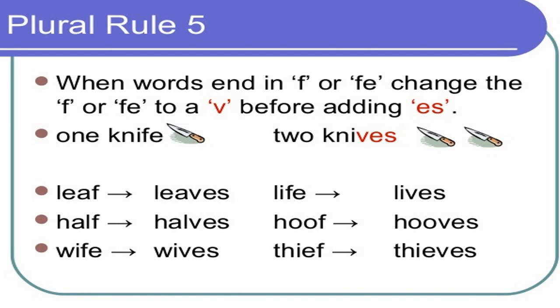Okay. Look at the first example. There is a knife and the noun is knife and it ends with the letters fe. So we have to remove the letters fe and add ves. Then it becomes knives. Right? It's very easy.